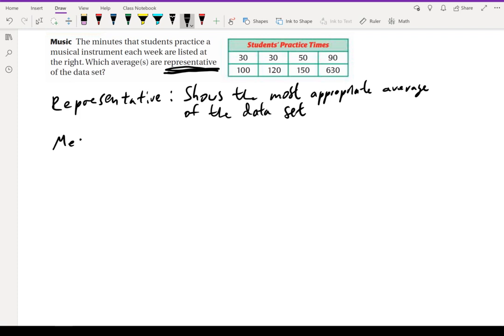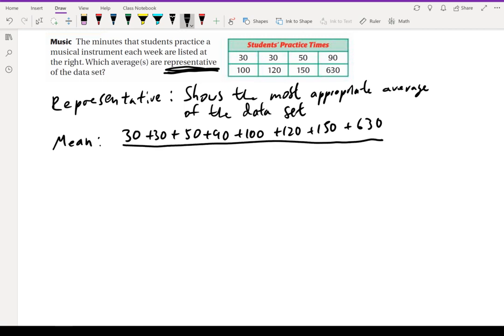Let's find the mean first. The mean of the data is the sum of all data divided by the number of data. So that's going to be 30 plus 30 plus 50 plus 90 plus 100 plus 120 plus 150 plus 630, and then all of that divided by 8.